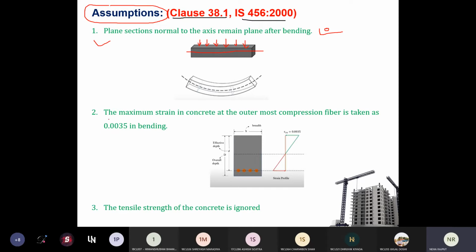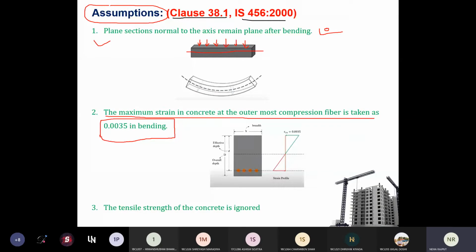The second assumption is the maximum strain in concrete at the outermost compression fiber is taken as 0.0035 in bending. This is an MCQ, objective question for your competitive exam or GATE exam. As you know, concrete is a brittle material, so brittle material will not strain as much as an elastic material.